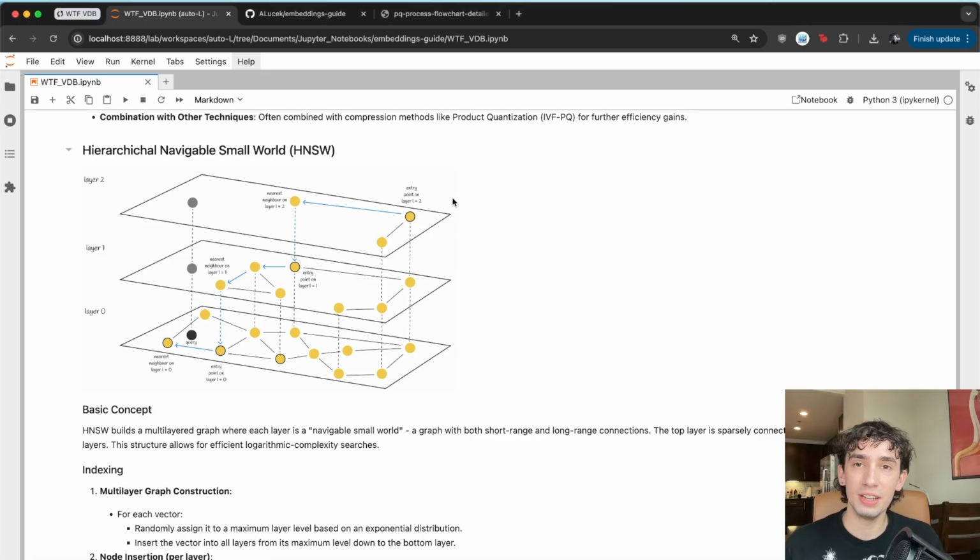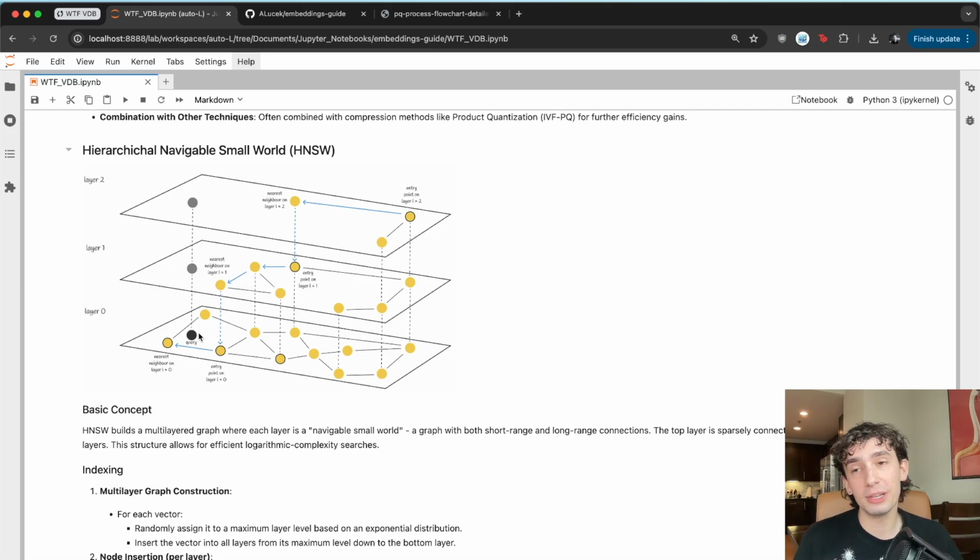Searching through this then starts with our query vector on the entry point of our top layer, where we do the same sort of greedy search to find the nearest neighbor. Then this goes down and down and down, repeating a similar process to our indexing process until we land on the final layer itself.